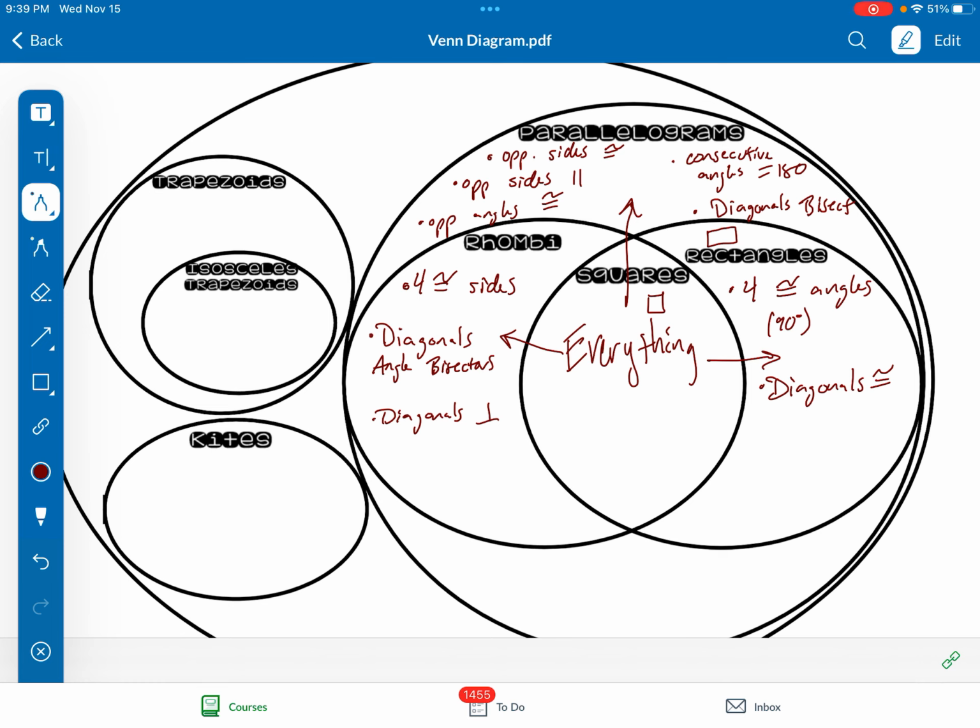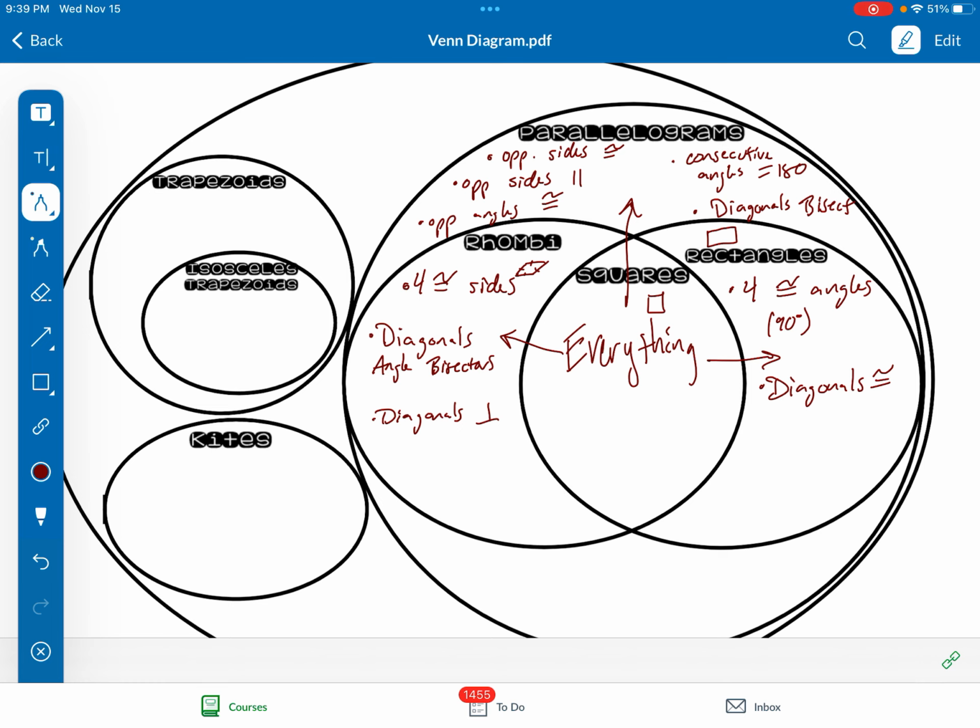This square area fits inside the rectangle. Okay, a square is also a rhombus, which kind of looks like a parallelogram, but all the sides are equal. But a rhombus is not a square because it doesn't fit what is true about rectangles.